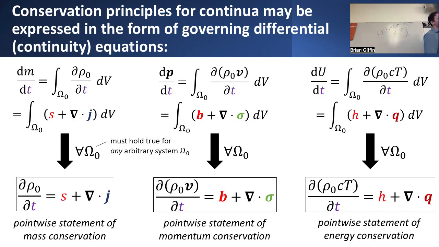Similarly, this statement, which is basically a pointwise statement of mass conservation, the same arguments can be applied to determine pointwise statements of momentum conservation and pointwise statements of energy conservation. And what I get, again, are sets of equations that might look like, oh, this is just one equation, right? But really, it's an equation that has to hold everywhere.